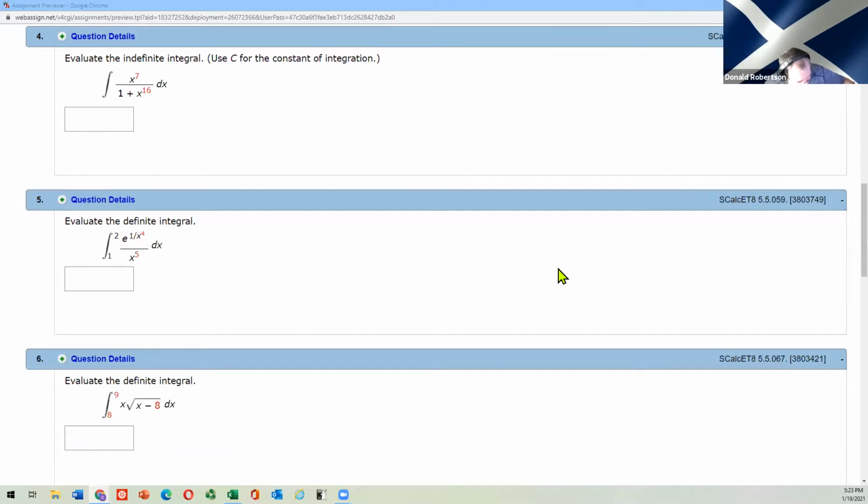So let's look at some more of these unusual u-subs. Question 4, the u-sub is not 1 plus x to the 16. It's not the denominator, which it typically would be 9 times out of 10.